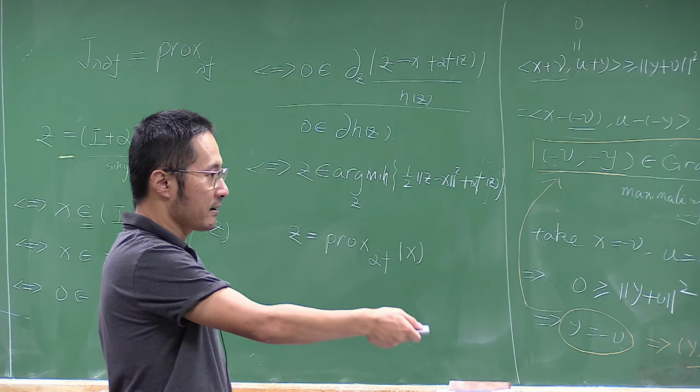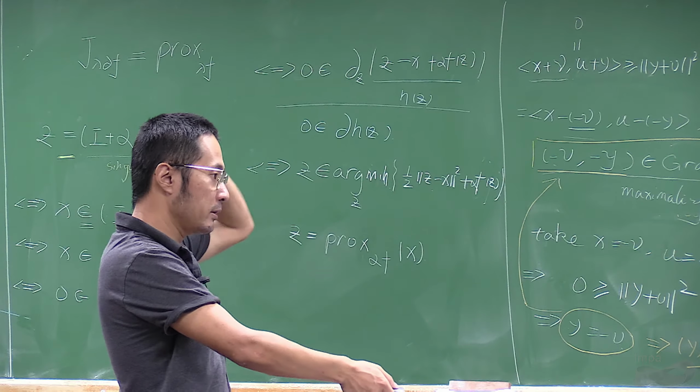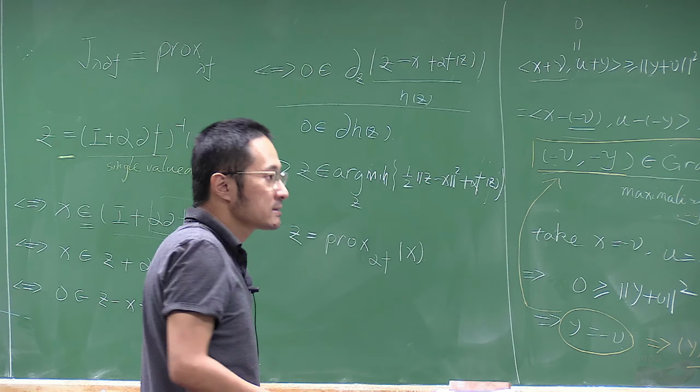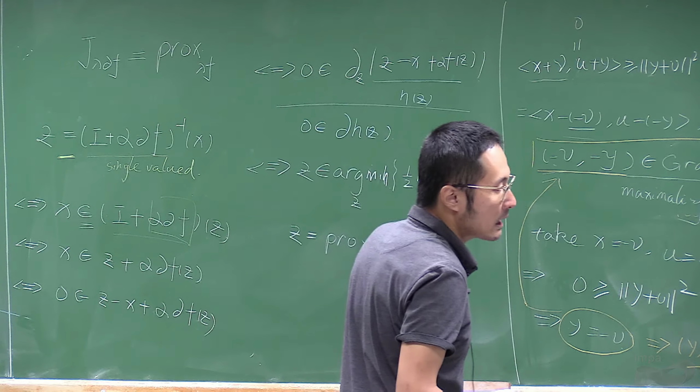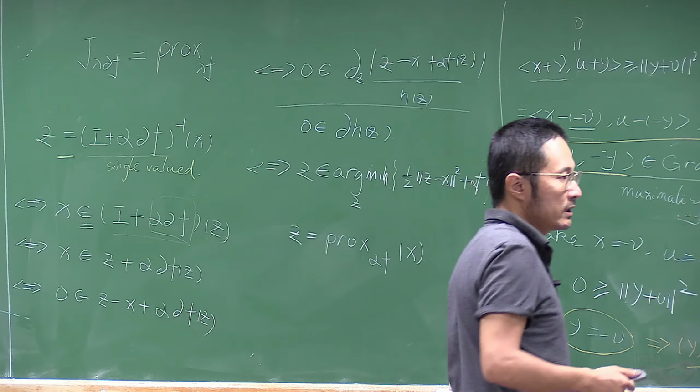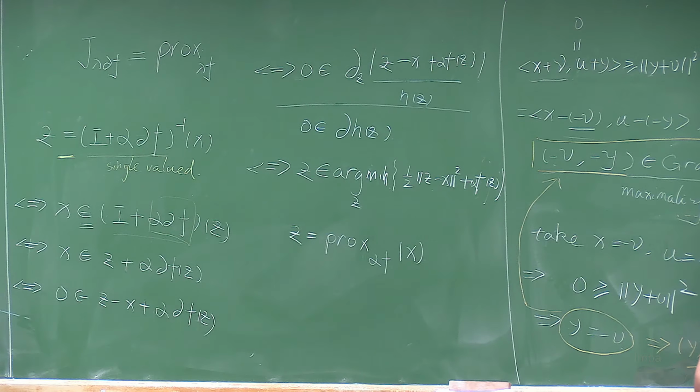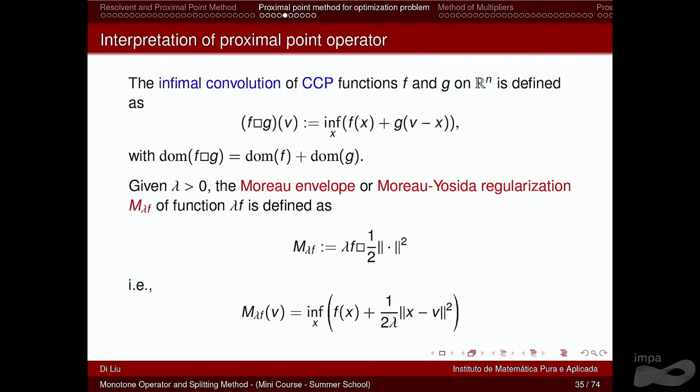But here it is defined by the infimum of the function value. So the relationship is, before we go to the relation, we need to say a little bit about this Moreau envelope, okay? Actually, this Moreau envelope is called Moreau-Yosida regularization. It's a kind of smooth approximation of the original function f.